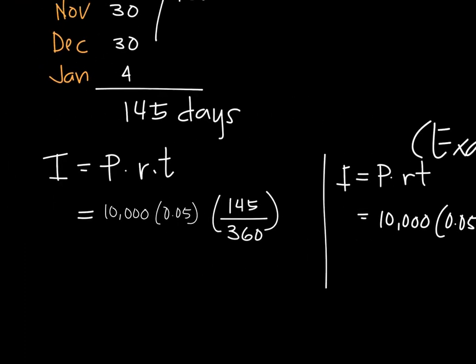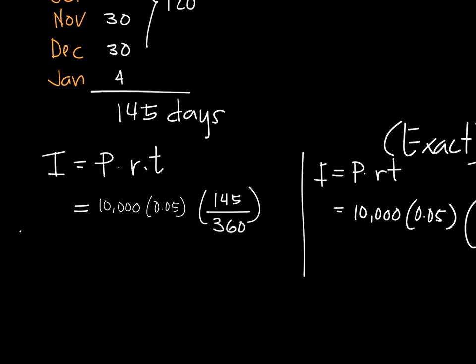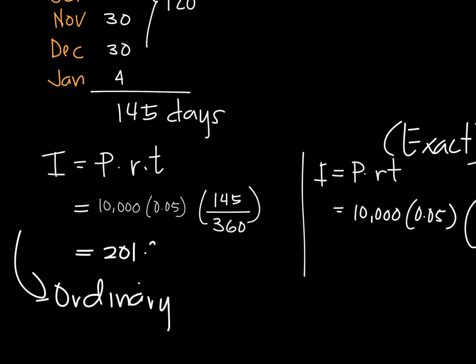The first one is for an ordinary interest. Once we have the setup, it's very easy to find the values using your calculator. That's 10,000 times 0.05 times the fraction 145 over 360, and that will give you an interest of 201.39 pesos.